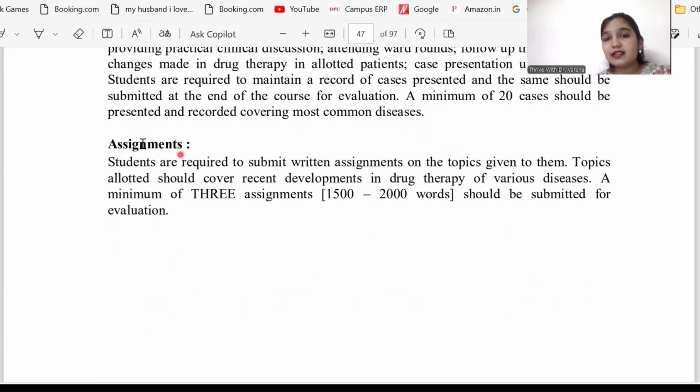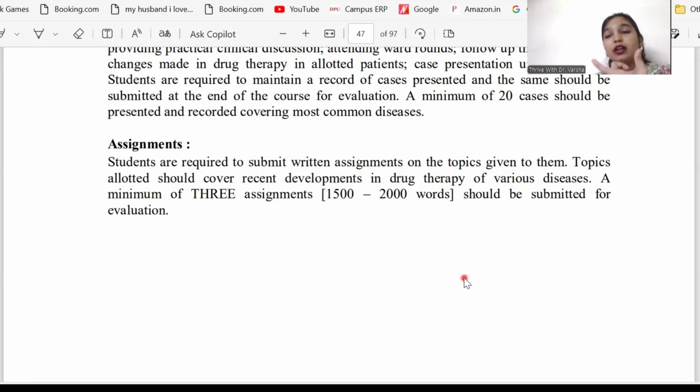And the last is the assignment, which should be a written assignment. Again, our professor let us know that we have to type it in Word and submit the draft copy. The assignment should be on a recent development in drug therapy of various diseases. Any disease you can pick, or your professor might allot you. On that disease, you have to find out whatever recent developments in drug therapy there are.